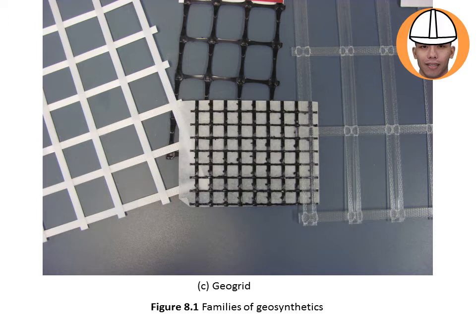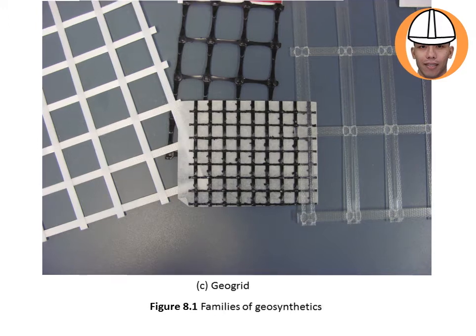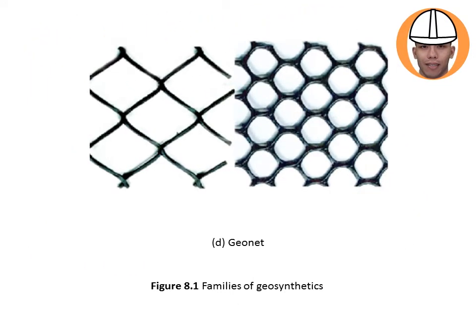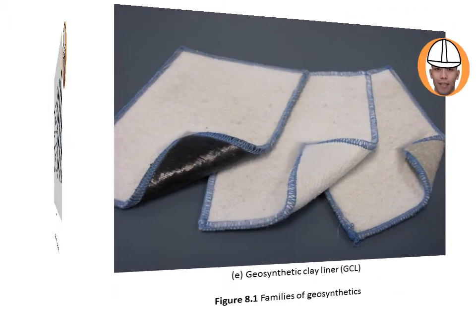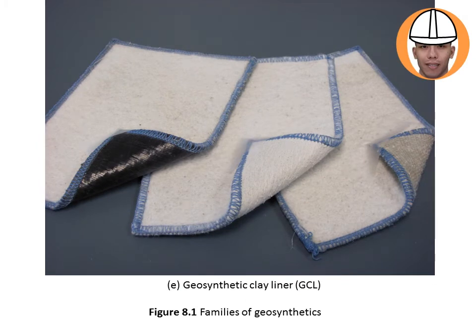So this is a geogrid which is commonly used for reinforcement. This one is geonet, which is commonly used for drainage. Geosynthetic clay liner.